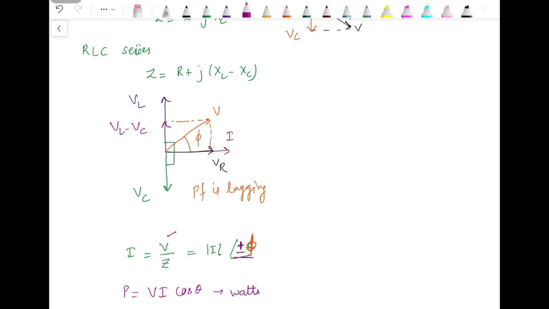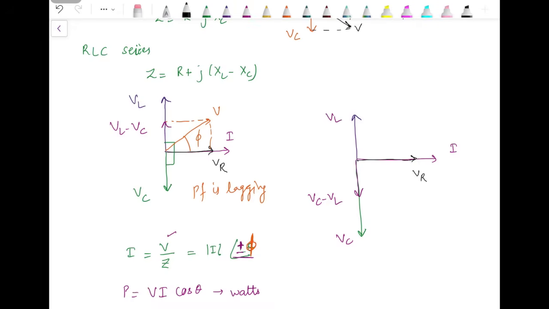Second case is when VC is more than VL. We have VC over here and VL over here, and VC is more than VL. So the resultant is in phase with VC, that is VC minus VL. This is VC, this one is VL, VR.